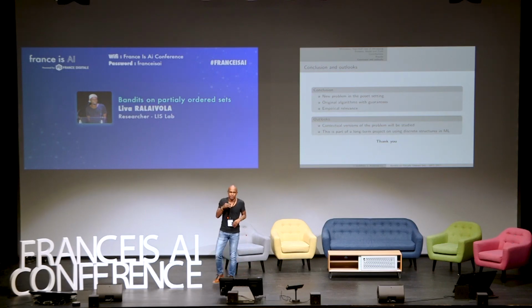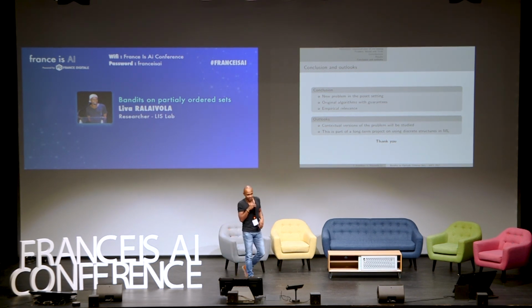This is a small part of a long-term project that I have with colleagues from Marseille and Criteo, to see how discrete structures can be used in machine learning, because this has been left apart since the advent of optimization and continuous mathematics. This is something that I want to work on.